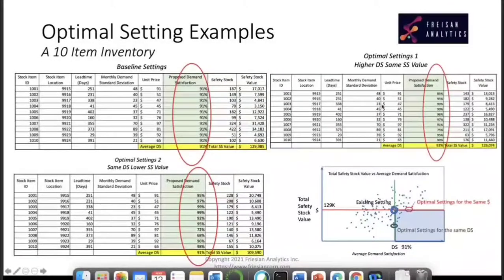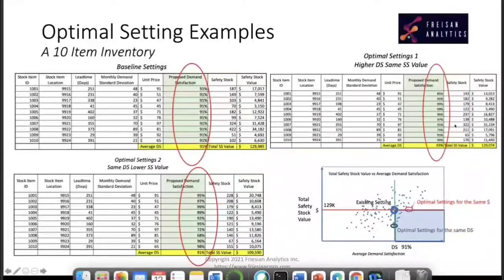Where did those numbers come from? That's the key question. Actually, if we do this manually, it's very difficult or even impossible to come up with those DS settings, even for 10 items. If we are dealing with thousands, hundreds, or tens of thousands or more, this is simply beyond humans' capacity.